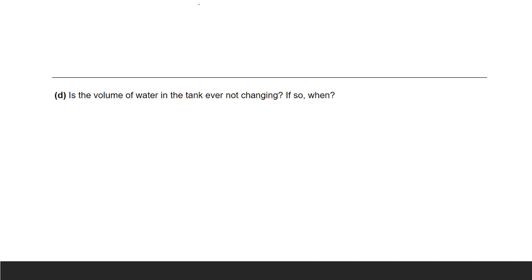So meron daw bang punto at which there is no change in the water in the tank. So meaning your rate at which the water increases or decreases in the tank is 0. So yun yung tinatanong. And ang tanong, if so, when is that going to happen? No? When is that going to happen? At what time will that happen at which your v prime of t is equal to 0?